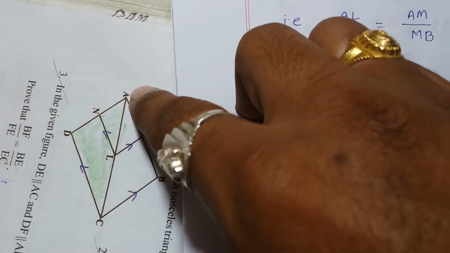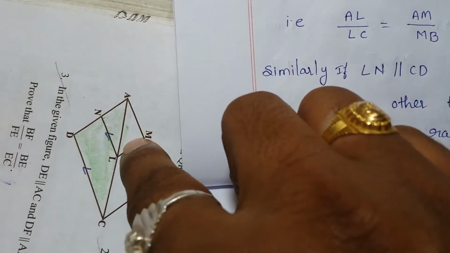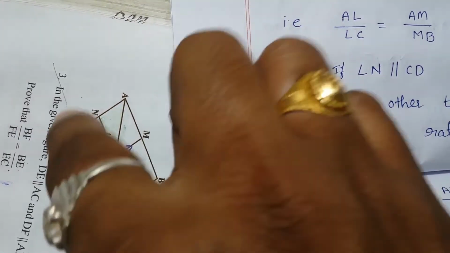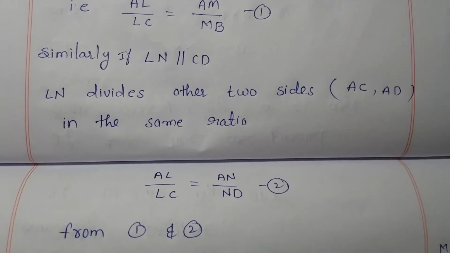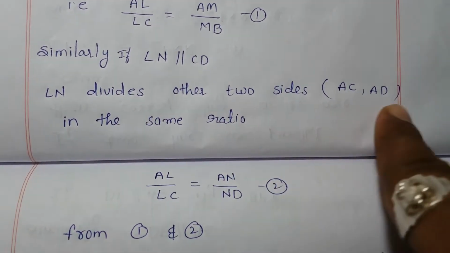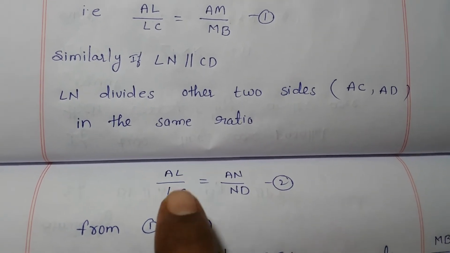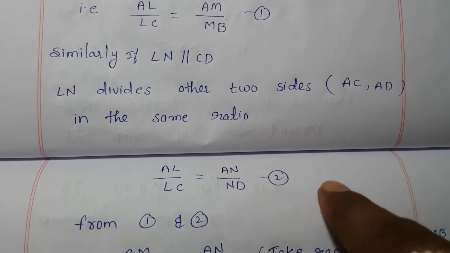So that is AL by LC equal to AN by ND by basic proportionality theorem. So LN divides other two sides AC and AD in the same ratio. That is AL by LC equal to AN by ND. Let it be equation number 2.